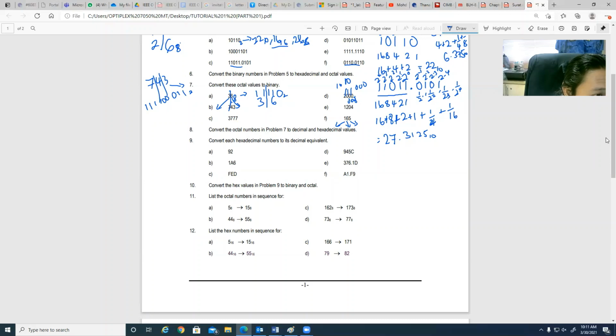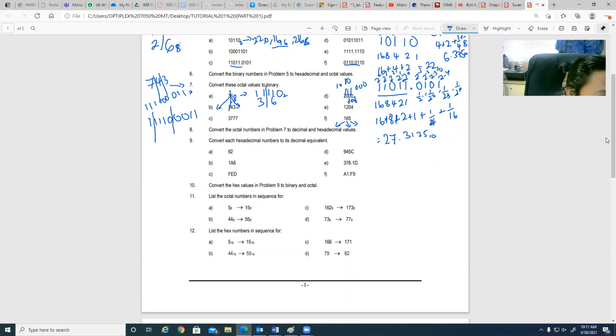For example, I will show the binary: 111000, and then 11. For hexa, divide by 4: hexadecimal 1, 2, 3, 4, 1, 2, 3, 4.